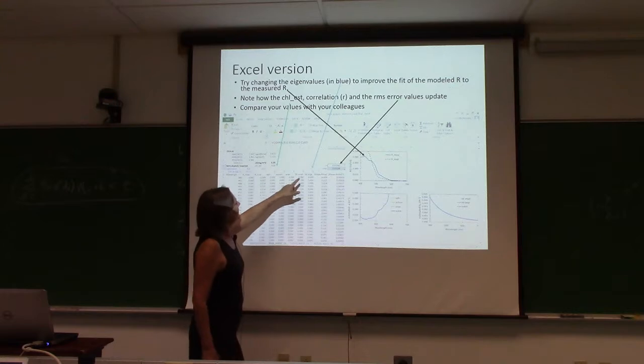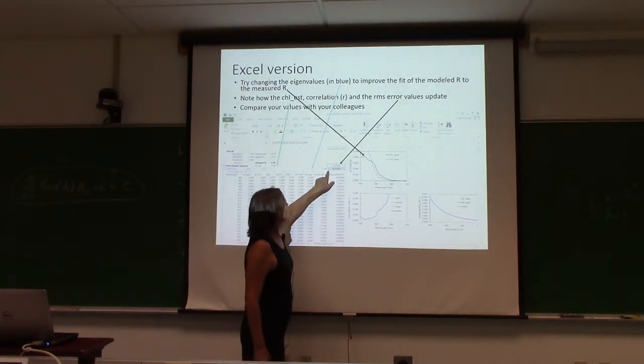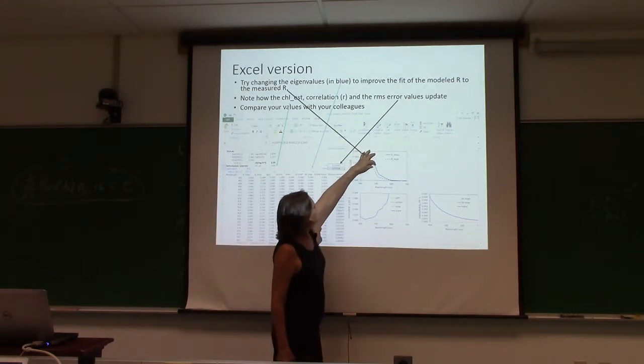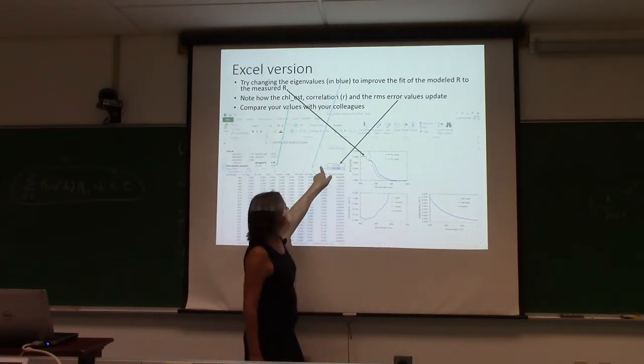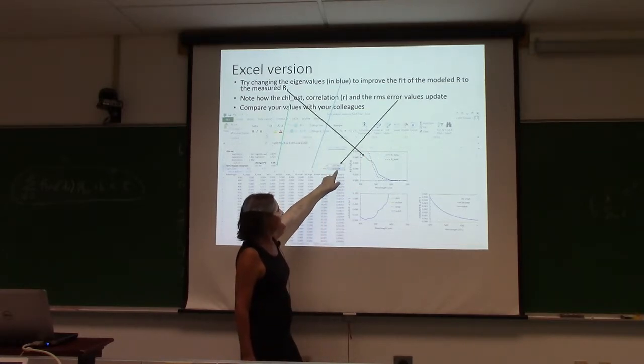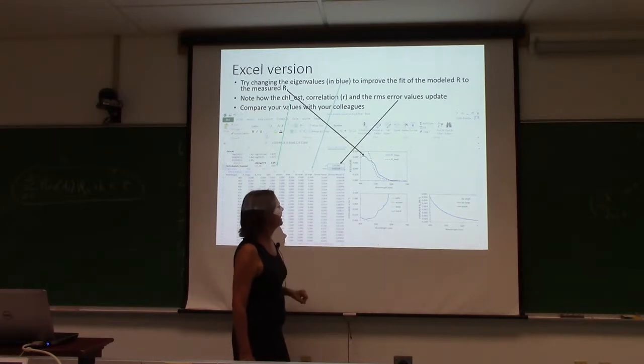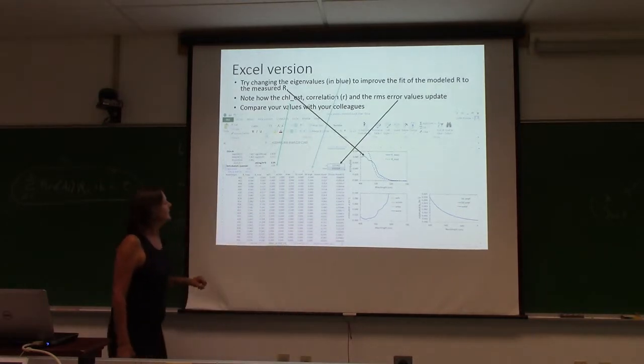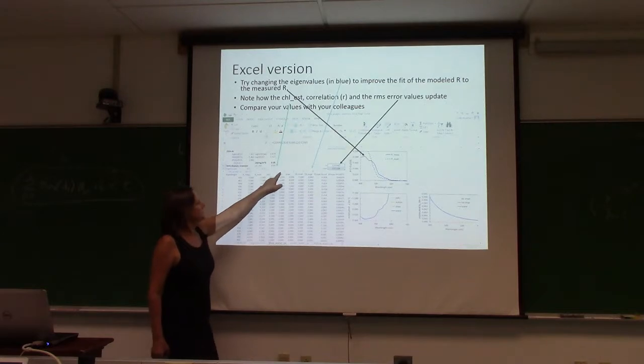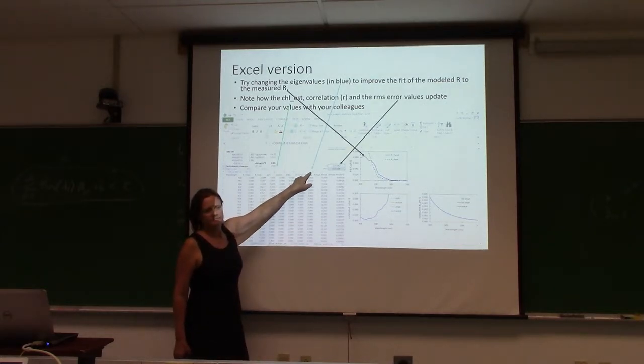This is going to tell you how well your modeled and measured spectrum match, the correlation between them, and the root mean square error between them. It calculates that automatically. So what you do is start putting in numbers here.